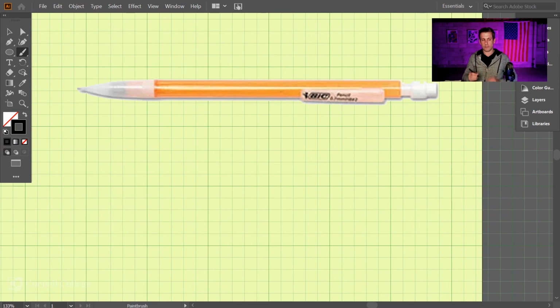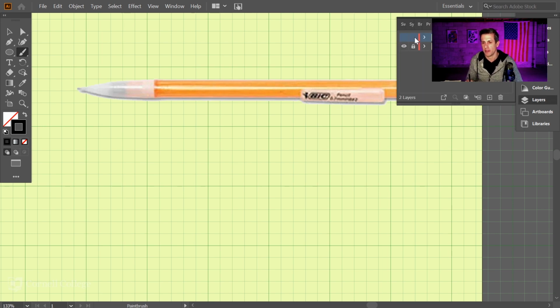So I'll switch to the desktop view here, and we have this pencil, and let's just assume that there are 3 different components making up this pencil. I understand that it could be more, but let's just break it down into 3 components for right now.